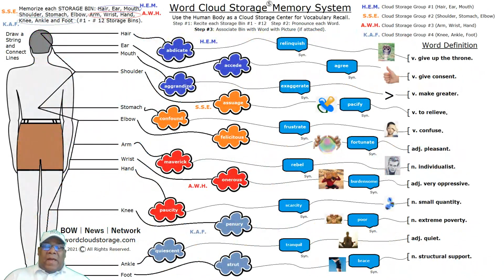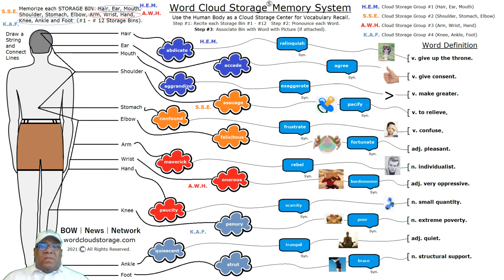So there we have the blue group, the HEM group: hair, ear, and mouth group. If you recall from previous chapters, we have 1 through 12 storage bins assigned to the human body to increase your recall memory. It's called our word cloud storage system. Basically we use color coding to help you recall the word, along with making associations when appropriate to a shoulder storage bin.